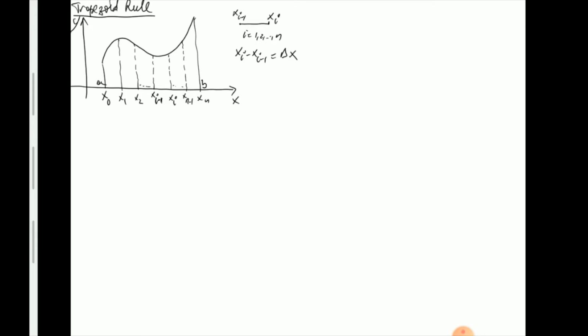So the idea is that often a better approximation can be achieved if, instead of picking intermediate points and raising perpendiculars to come up with rectangles like before, we can actually approximate the area between the graph and the x-axis by constructing trapezoids involving these points.